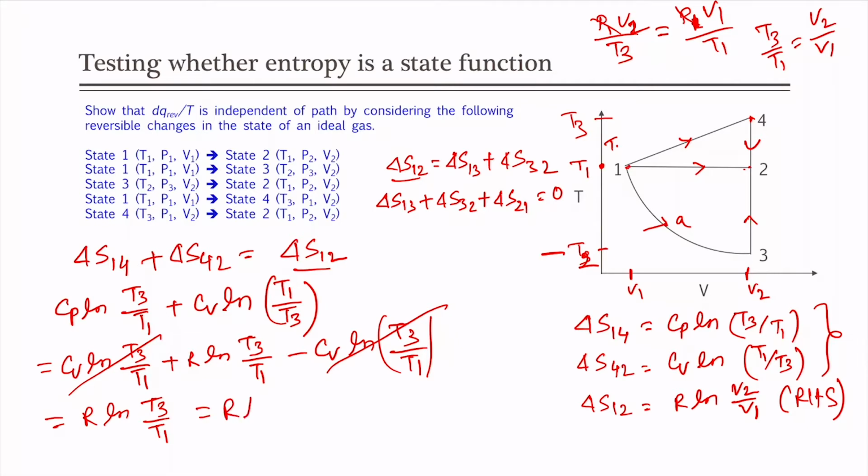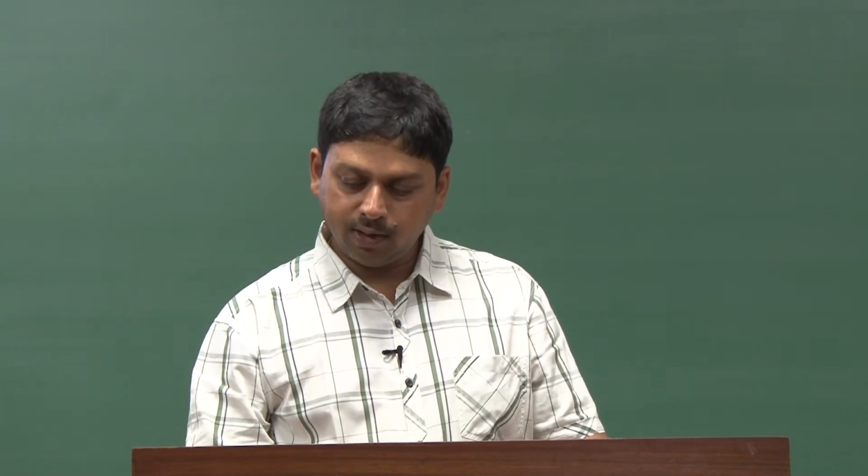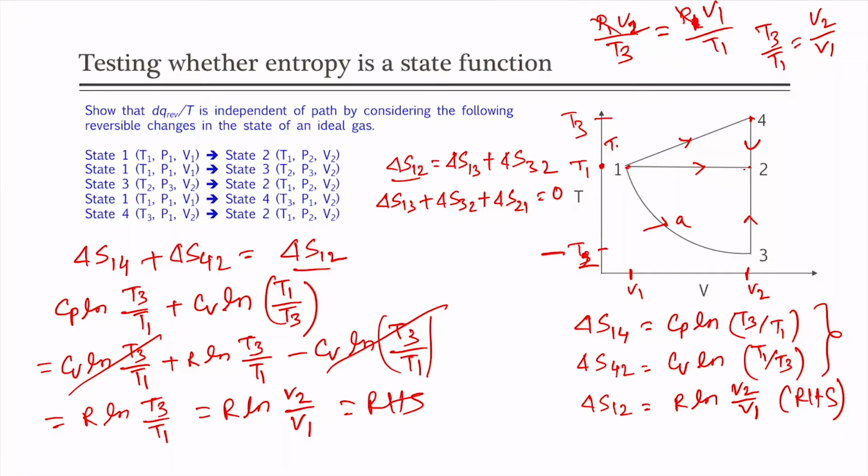So, this is nothing but R ln V2 by V1, which is our right hand side as well. So, for this cycle the entropy for the whole cyclic path will be 0, because what we have done is that we have not followed a cycle, we have followed two paths from this point to this point. That says that if I followed this cyclic path, then I will have to subtract this one, then it will be 0, right. Okay. So, we have done that.